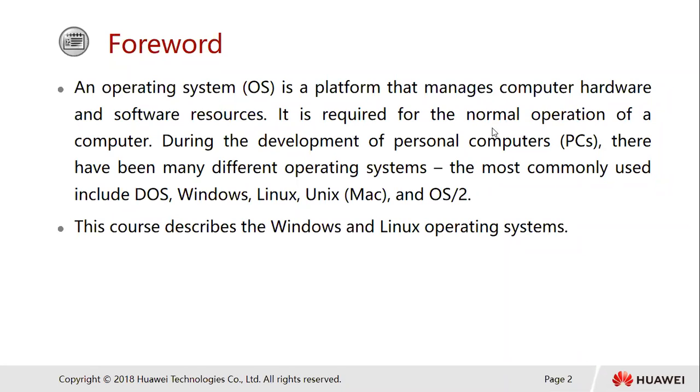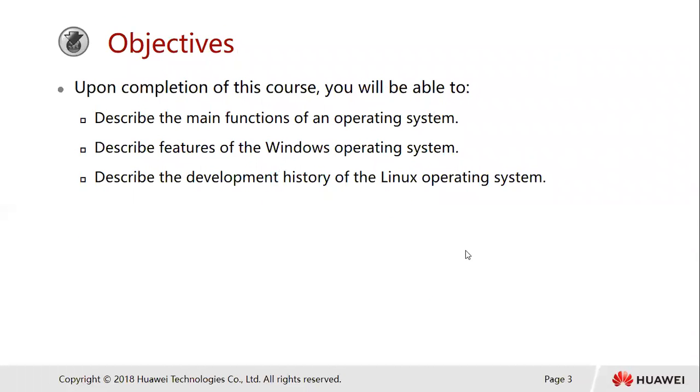It is required for the normal operation of the computer. During the development of PCs, there have been many different operating systems. The most commonly used include DOS, Windows, Linux, Unix, and OS. This course describes the Windows and Linux operating systems.